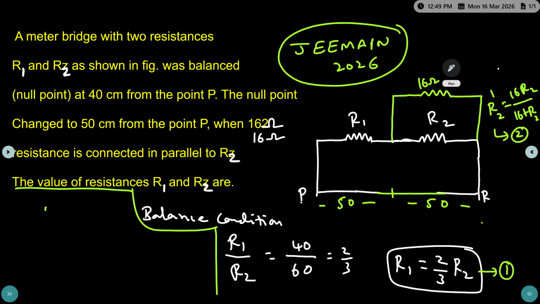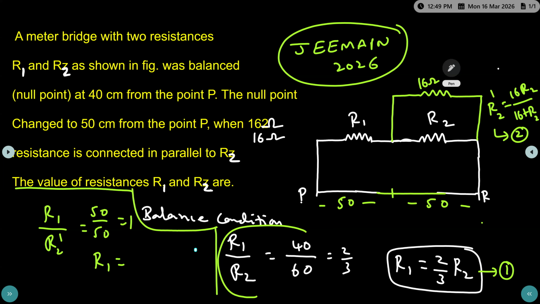Balance condition: R1 by R2 dash is equal to the ratio of lengths. Now both are the same, 50 by 50, which is 1. Now you can write R1 is equal to R2 dash. You got another relation. Very simple. The parallel condition application and balancing conditions are this way.